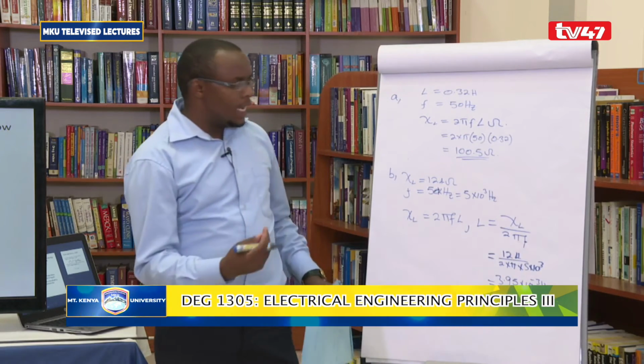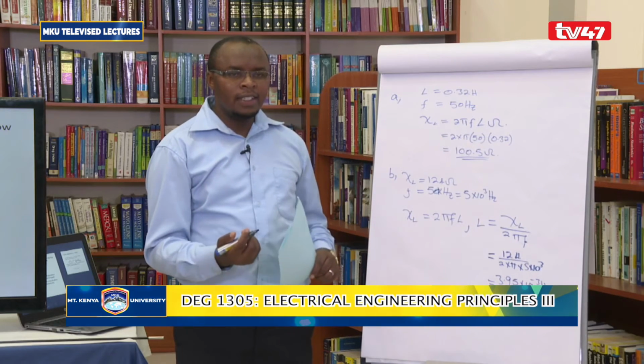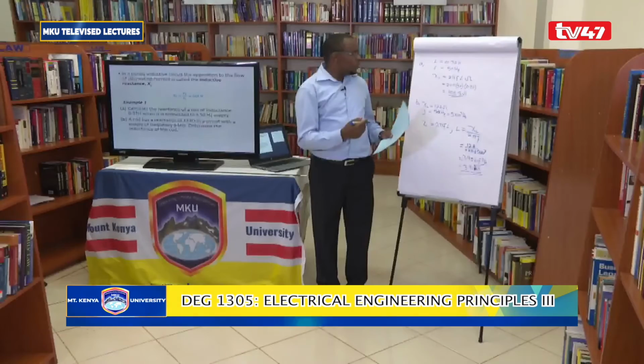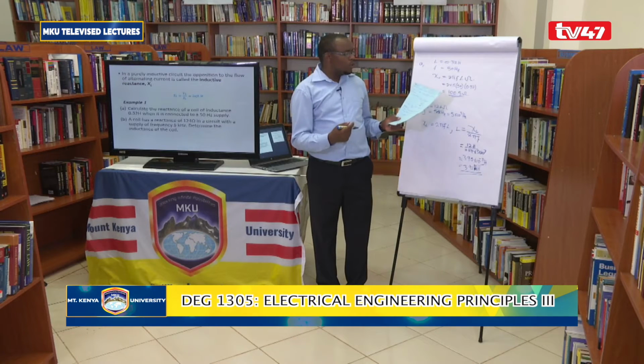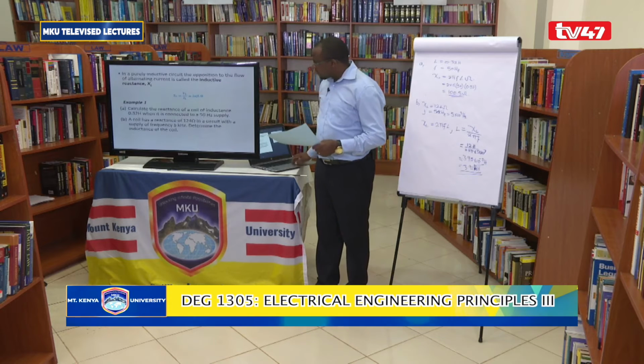That is the way you get the value of the inductance when you are given the reactance, and also the way you get the reactance when you are given the frequency and the inductance.